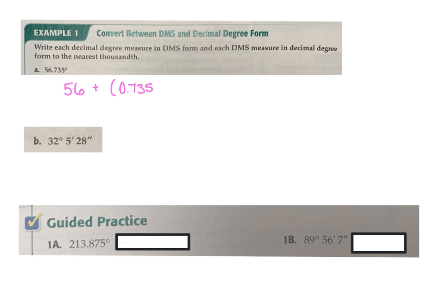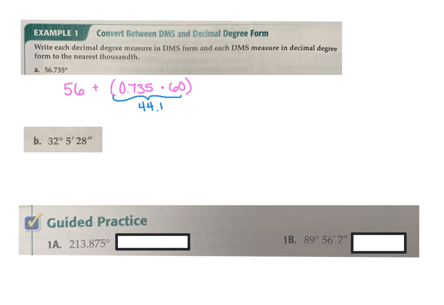That's going to be 56.735. So we're going to take that 0.735 and we're going to convert it to the minutes. Minutes. Well, how many minutes are in an hour? 60. So we're going to take that 0.735 and we're going to multiply by 60. All right? And so when you do that, this piece of it becomes 44.1.